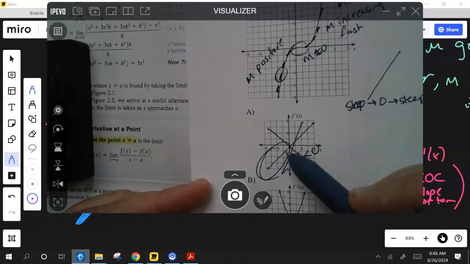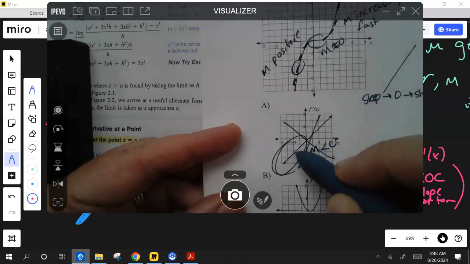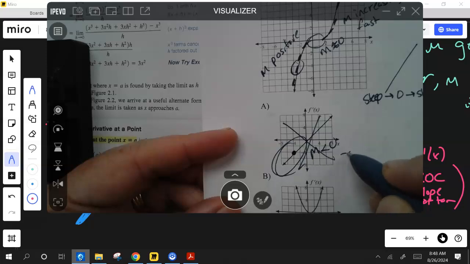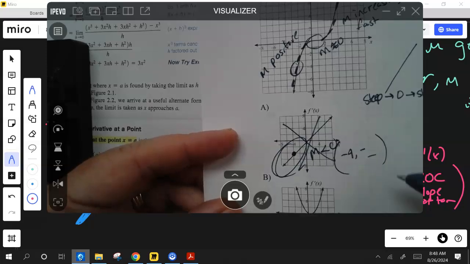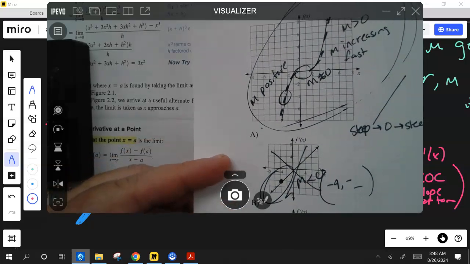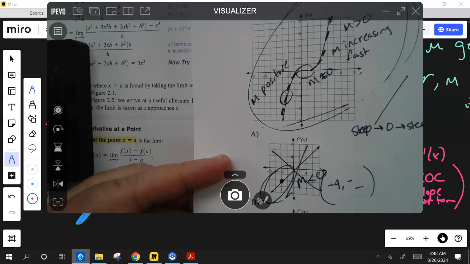Is this below the x-axis? Give me the coordinates of this point right here. -4, negative something. That something doesn't even matter. Because up here, what's up with my derivative? What's the slope? Does my slope ever go negative here? No. So I can never have a negative y value on my derivative graph.